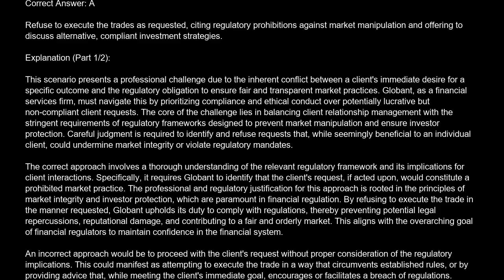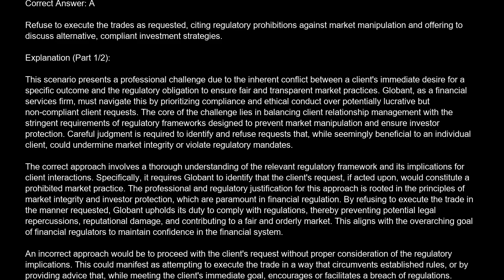The correct approach involves a thorough understanding of the relevant regulatory framework and its implications for client interactions. Specifically, it requires Globant to identify that the client's request, if acted upon, would constitute a prohibited market practice. The professional and regulatory justification for this approach is rooted in the principles of market integrity and investor protection, which are paramount in financial regulation.